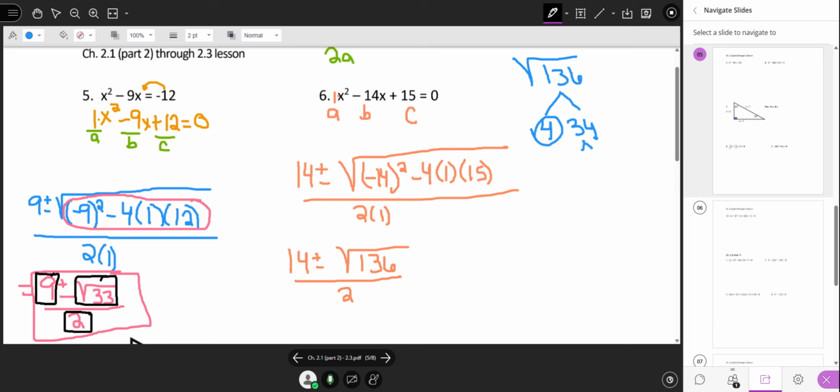Now, that is 2 times 17. That doesn't clean up.